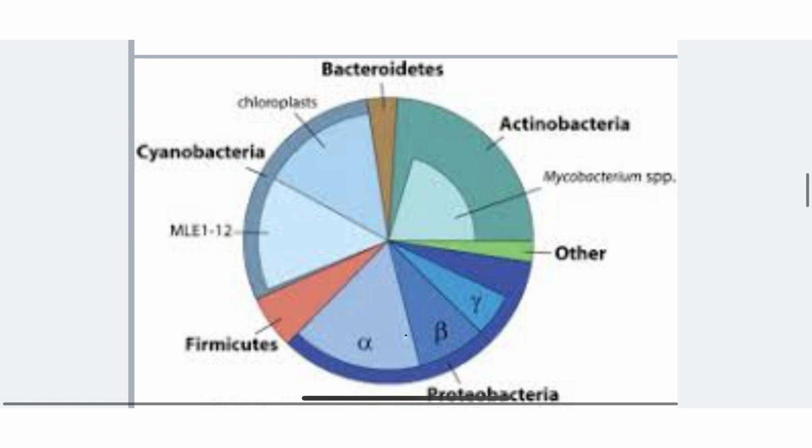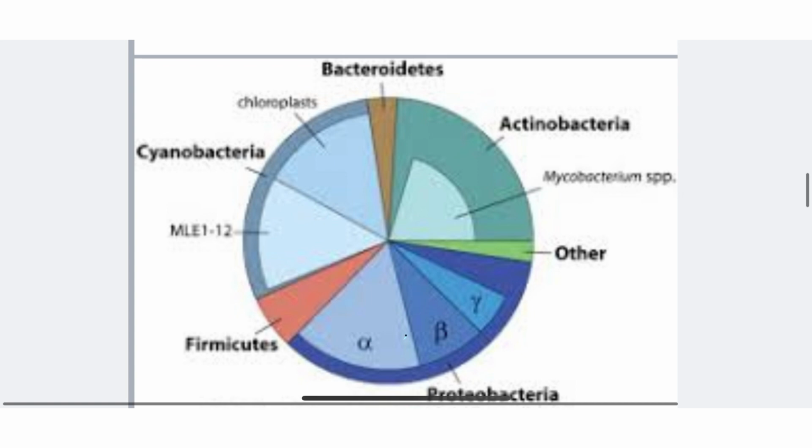Here you see bacteroidetes in a very small quantity, then actinobacteria, which includes mycobacteria species as well, cyanobacteria in a very large amount, and also firmicutes and proteobacteria. Other microbes that we might get include E. coli, because that is a very prominent bacterium that we find anywhere.